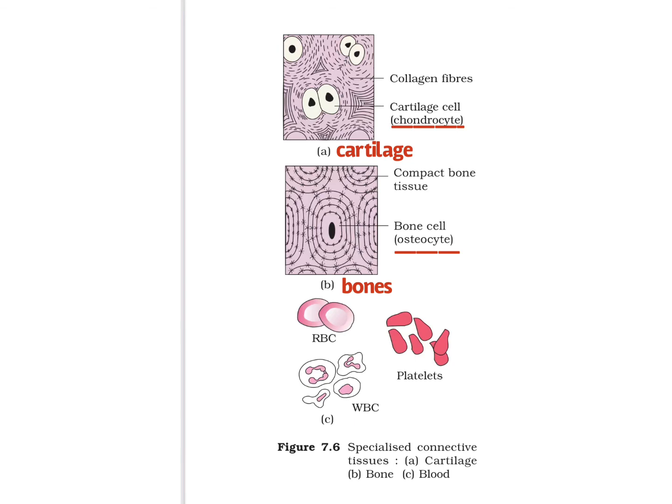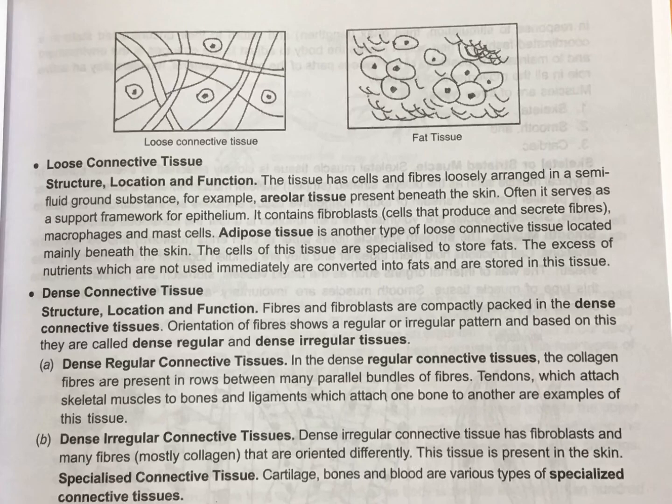Then the last diagram is concerned with blood, which is a fluid connective tissue, and here are the components of blood. This is RBC, this is WBC, and these are platelets. So in this way these are the cells. Along with it, plasma is also present. So these diagrams are important to draw in your classwork.